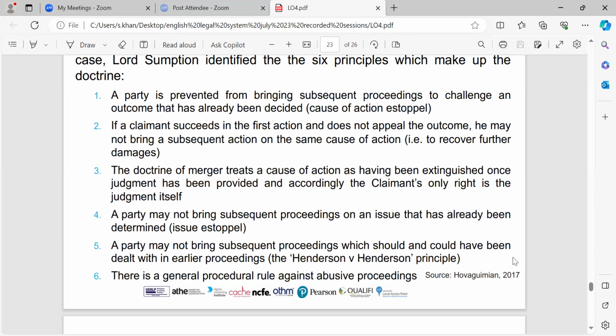And sixthly, there is a general procedural rule against abusive proceedings.